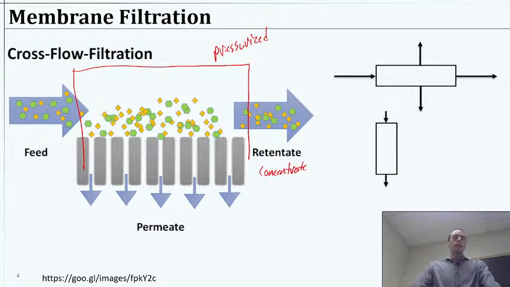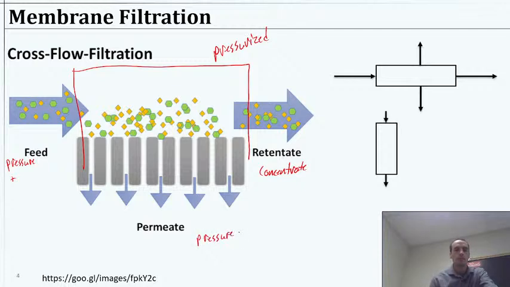We're adding the feed. A lot of times we'll pressurize the feed itself. Sometimes we might apply a vacuum at the permeate. Either case can work just fine this way. So we could say pressure here often as a positive, or maybe a pressure here as a negative.